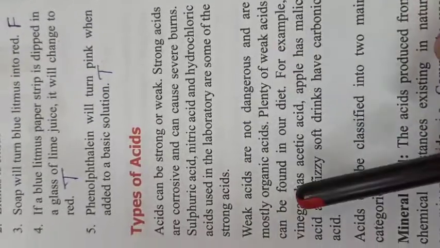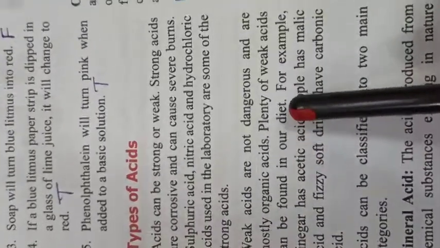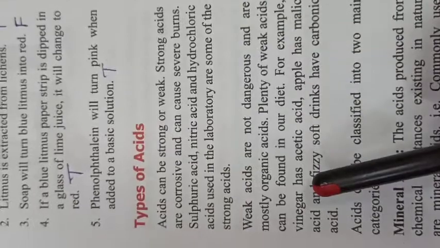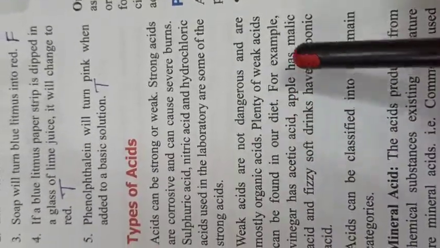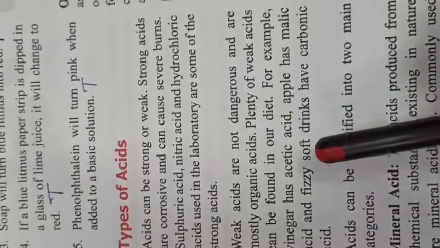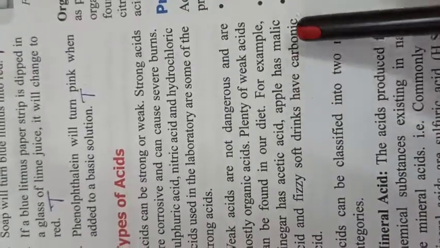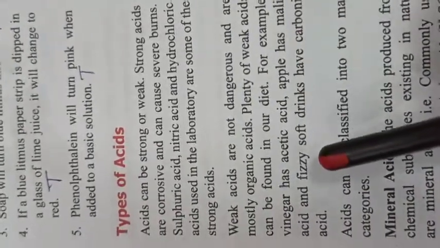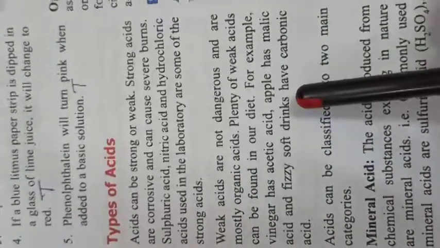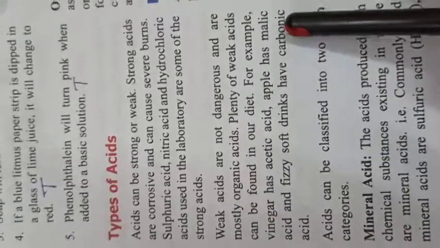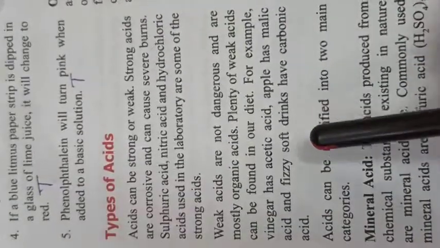Plenty of weak acids can be found in our diet. For example, vinegar has acetic acid, apple has malic acid, and fizzy soft drinks have carbonic acid. You are using soft drinks; the soft drink has carbonic acid.